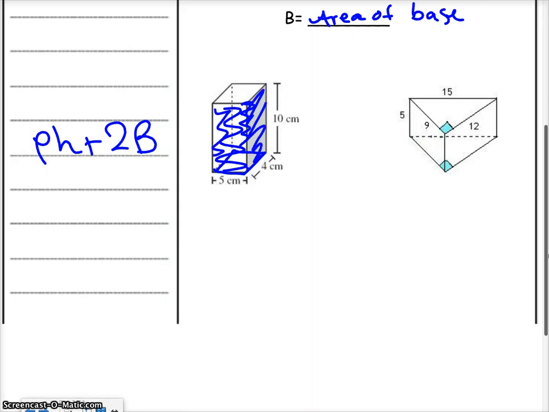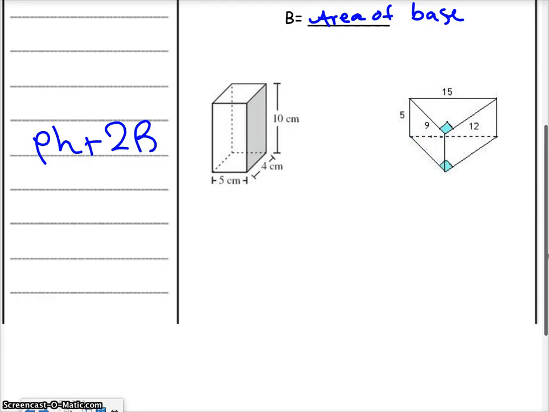That's why I times the perimeter by the height. And the 2B is my 2 bases that I forgot about. So I need this base on the bottom, the area, and this base on the top, the area, and that's where it comes from. Then you add them.